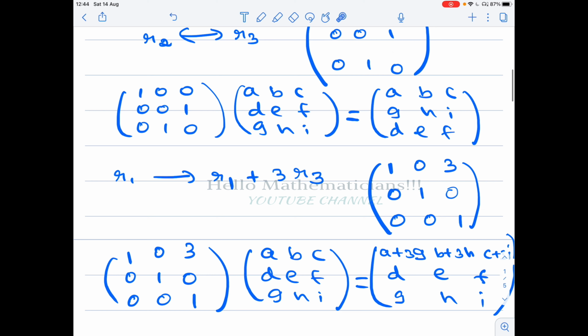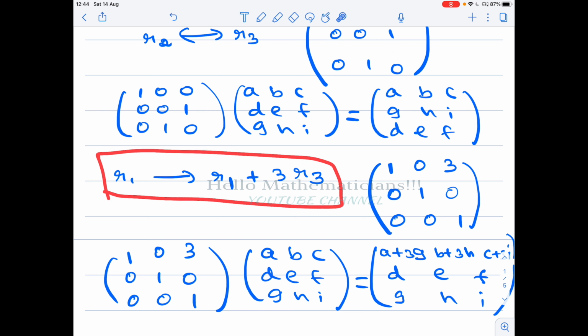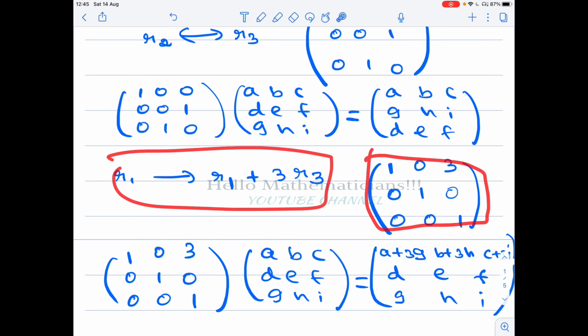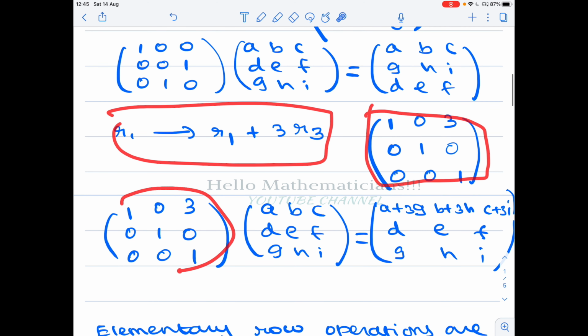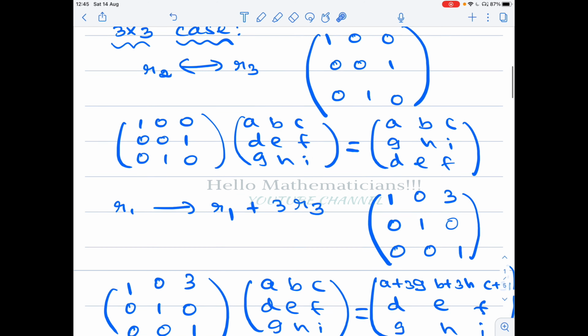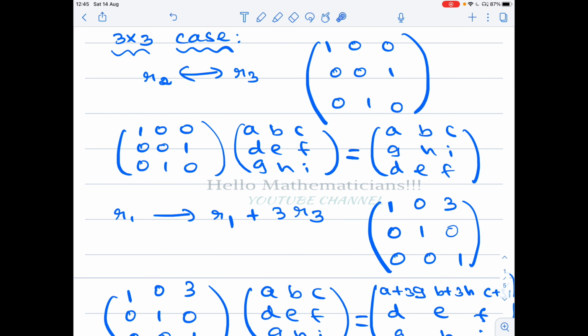Similarly, if you want to do another row operation, first you apply this row operation to the identity matrix, you get this matrix, and pre-multiplying an arbitrary matrix by this matrix gives you the operation applied to that matrix. Also observe that these elementary matrices are always invertible.